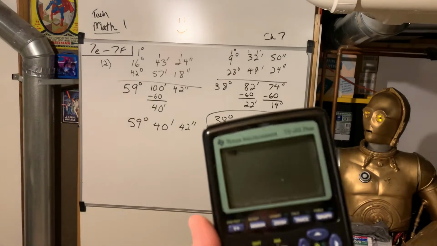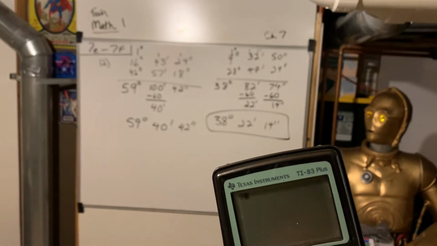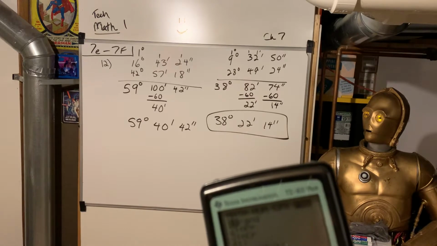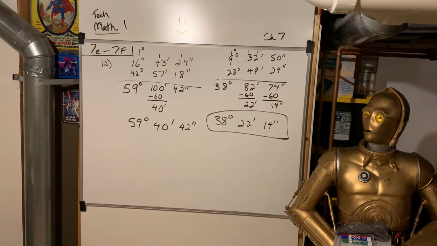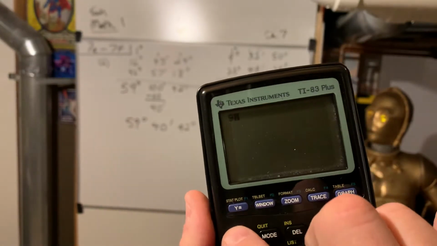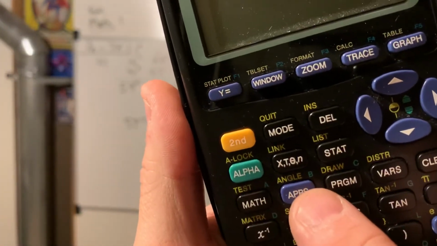So you go 9, and then where is that under? Oh, angle. Okay. So we go 9, and then we do second, and then the apps button right there, it says angle on yellow.